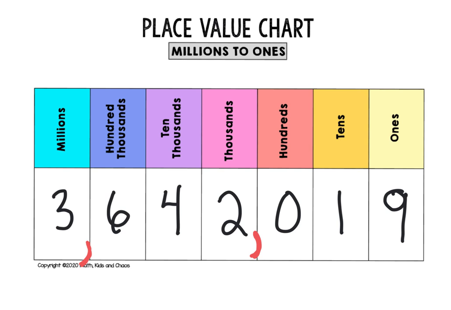We would read this as 3,642,019. We don't have any hundreds. We just read this as 19. Every time we get to that comma, we say what that period is. 3,642,019.